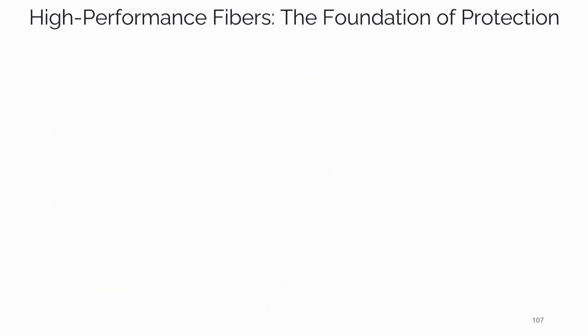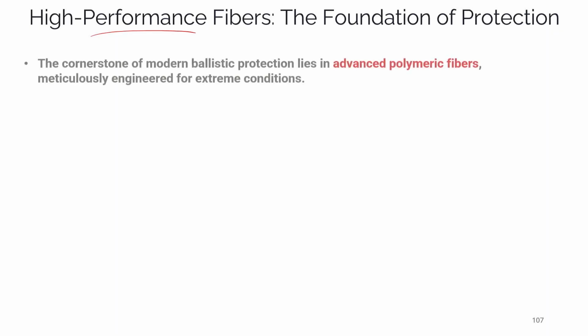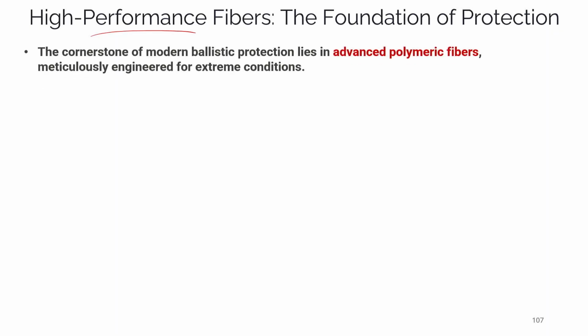So, basically the high performance fibers are the foundation of protection. For any ballistic protection, we need high performance fibers. The cornerstone of modern ballistic protection lies in advanced polymer fibers. That is the most important part.